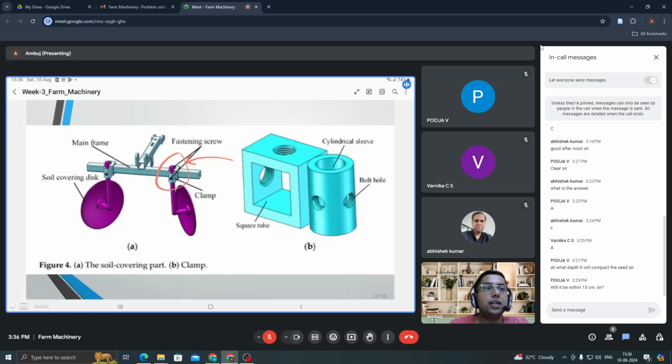How a disk is designed, how a particular mainframe is designed, what would be the width, the depth, the height, which type of frame you should select. I'm just giving you a basic idea. In place of this particular square tube and the cylindrical sieve, a lot of options can be there.